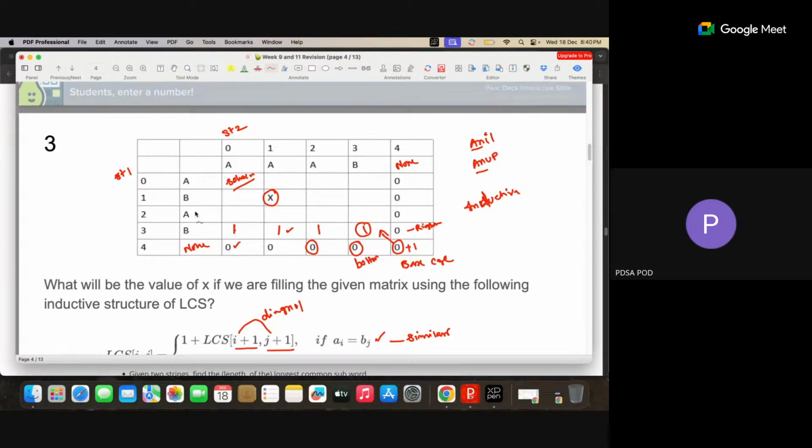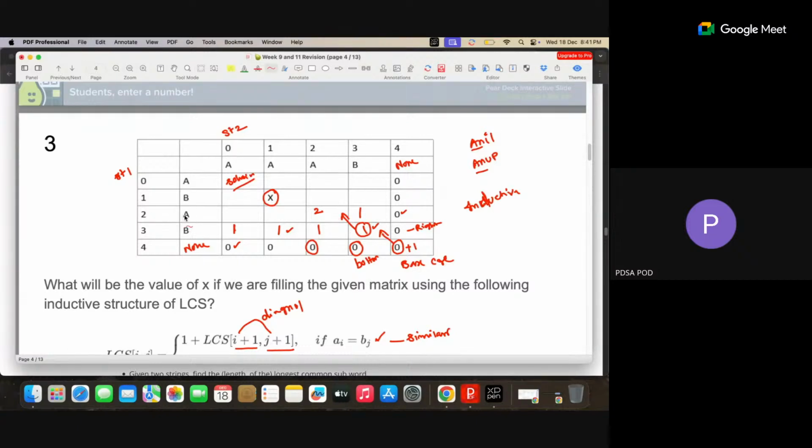That's done. Now A we are trying with B. Is it matched? No. Again, out of this, which is the maximum? 1 is the maximum. Now A we are trying with A. Is it matched? Yes. So when it is matched, the previous value plus 1, so we are getting 2 here.